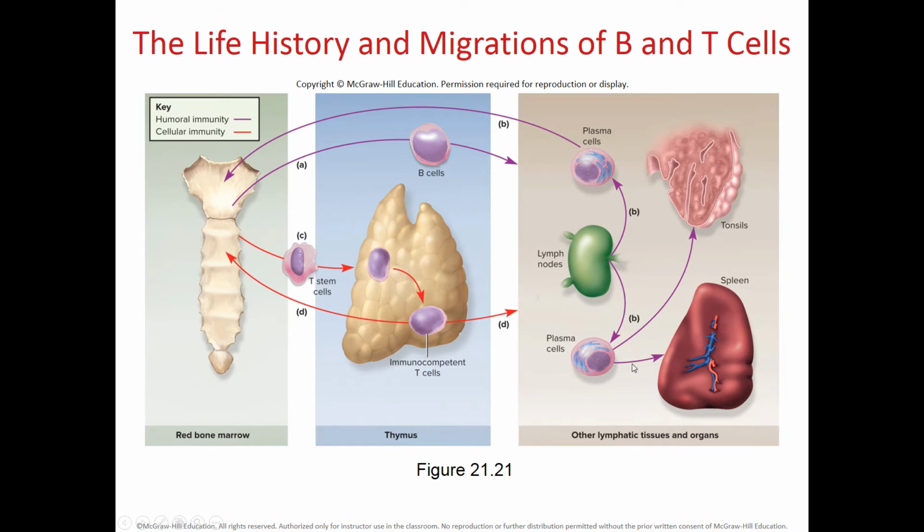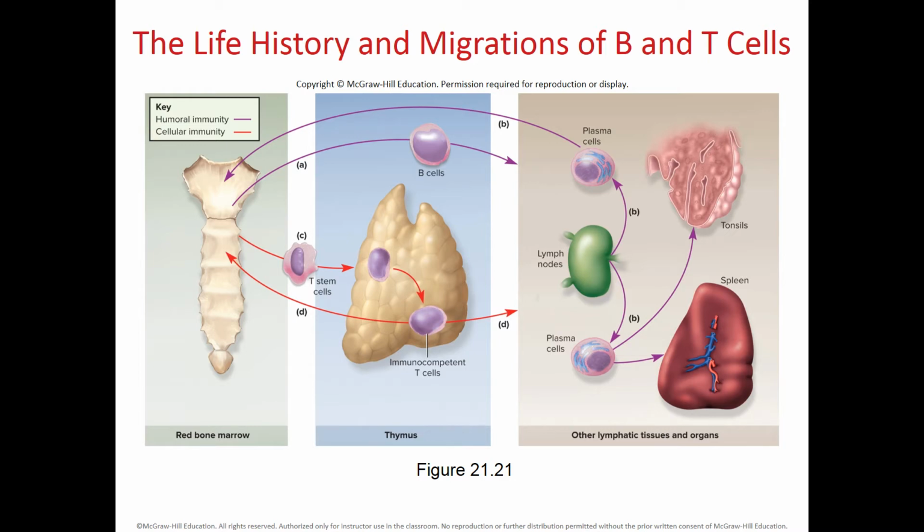Now, the thymus will train our T cells for as long as we have a thymus. It is present when we're born. If we don't have a genetic disease, it will be present, and it will disappear around the puberty years, 14, 15, 16 years of age.